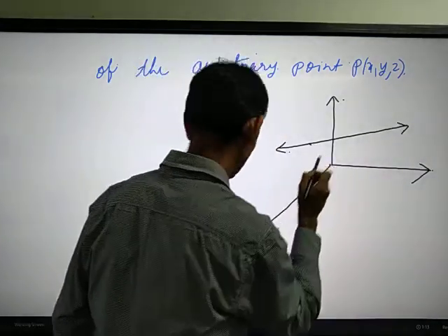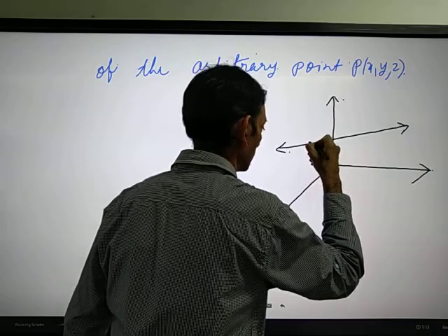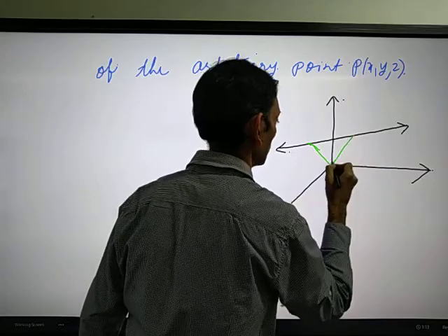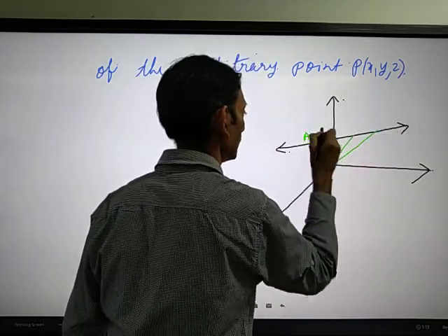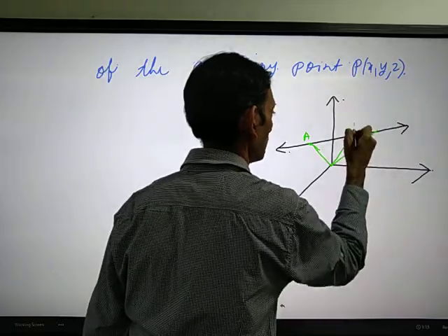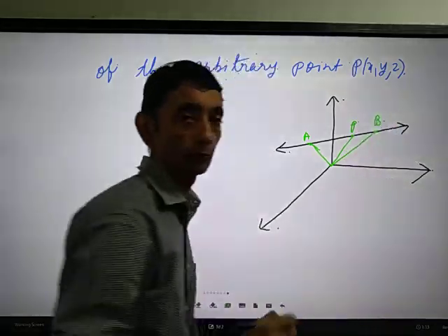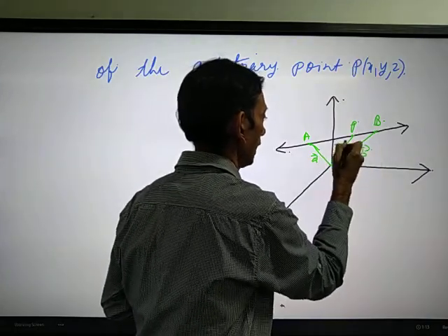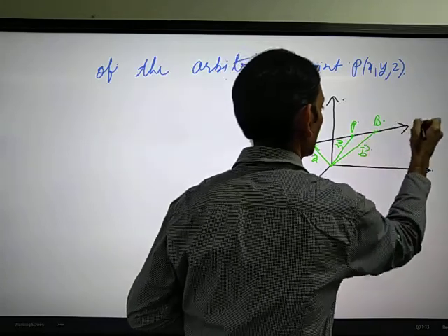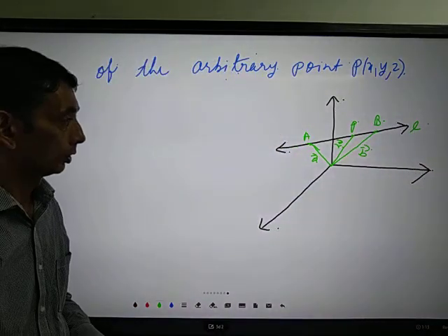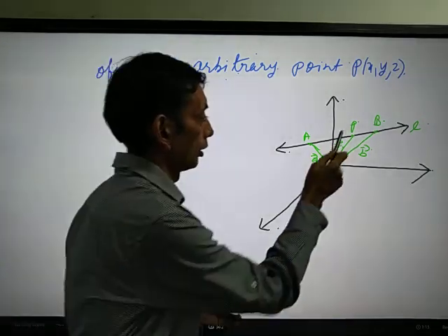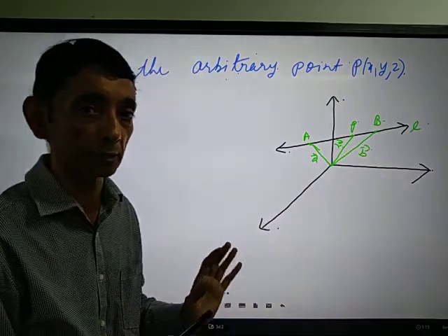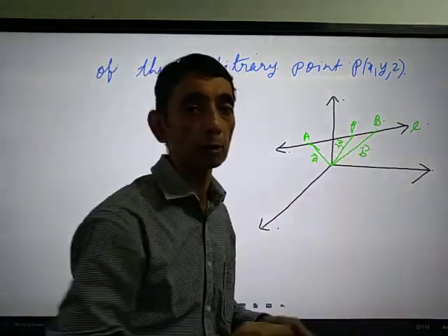This is a point A, and say this is point P, and this is point B. We have taken this is A, this is B, and this is R, and this is a line. Now, the point P, which position vector is R.